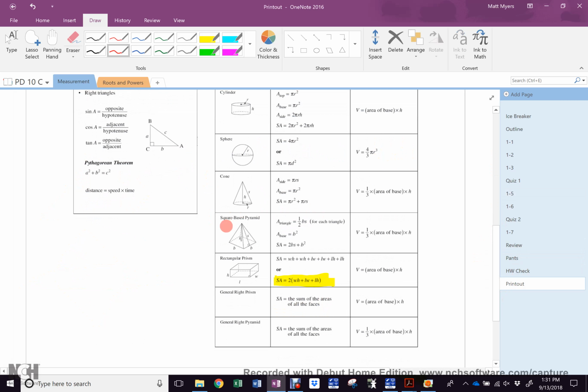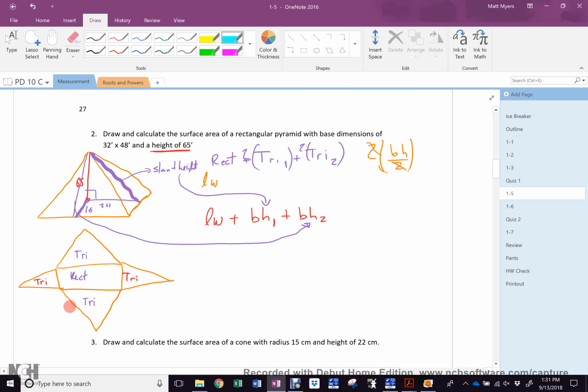You have a formula for a square pyramid, which works wonderfully. But if you don't know that it's made up of these 5 shapes, you're going to be in trouble. Which is why I teach both the formulas and the component parts.